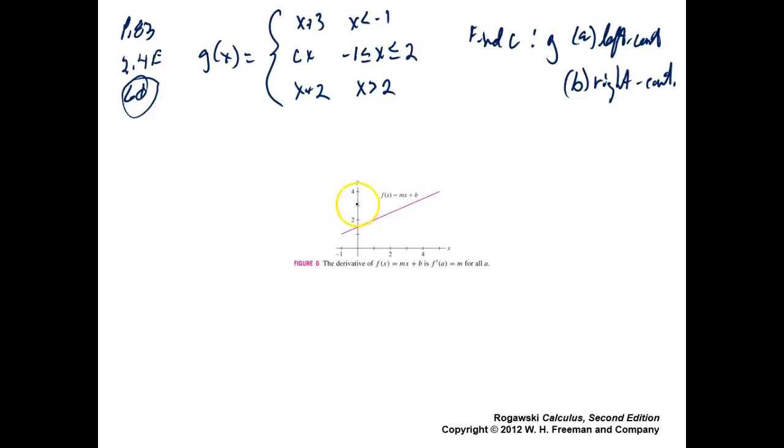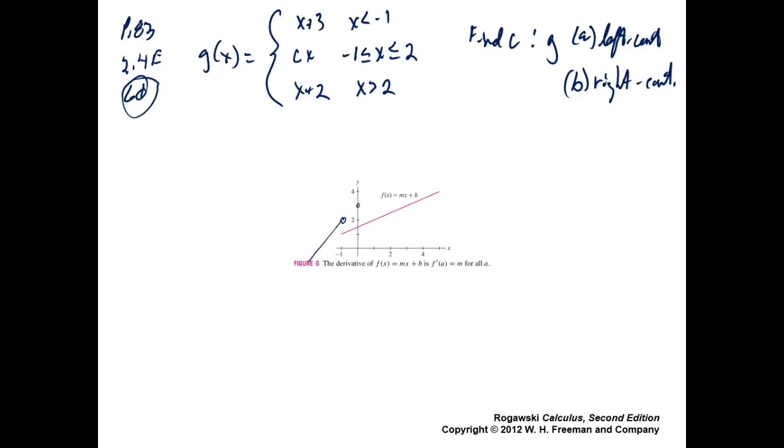But understand it doesn't go to that 3 because this is only good for -1. So it would have this point down here and actually not even that point either. But from here on down it has a slope of 1. You see what's happened there?